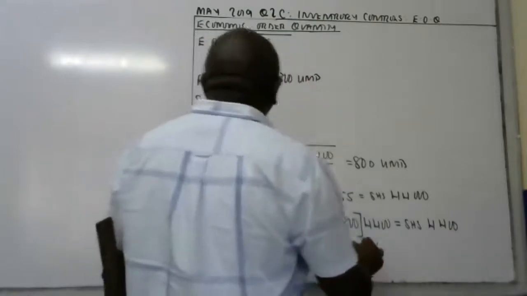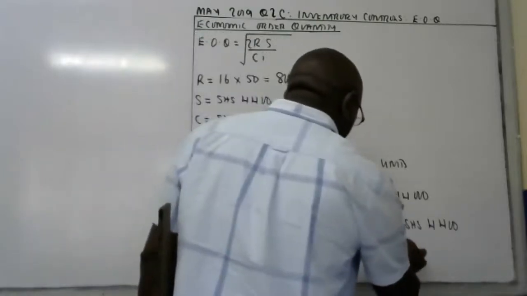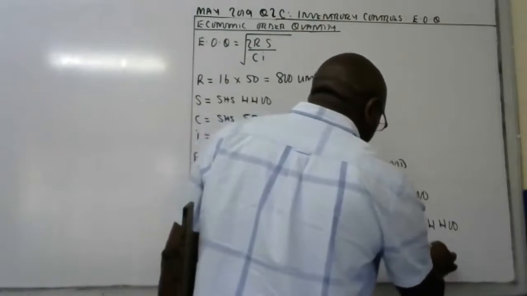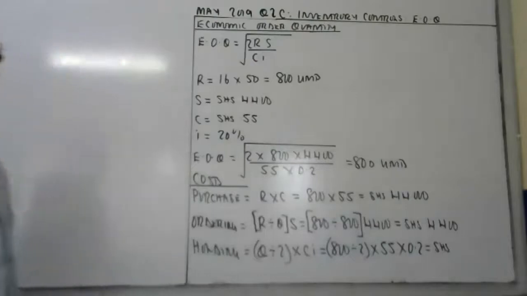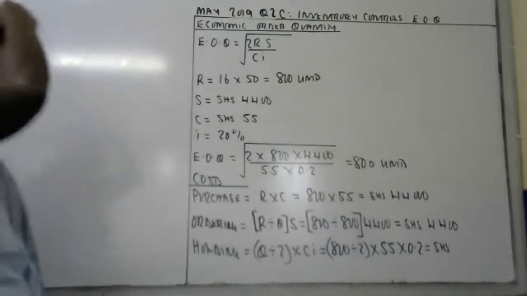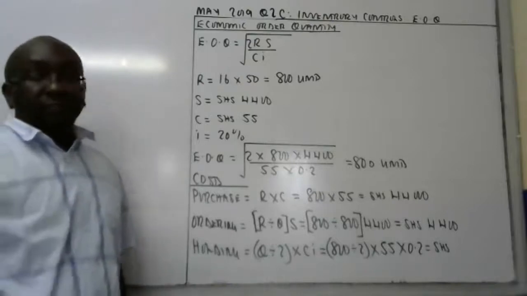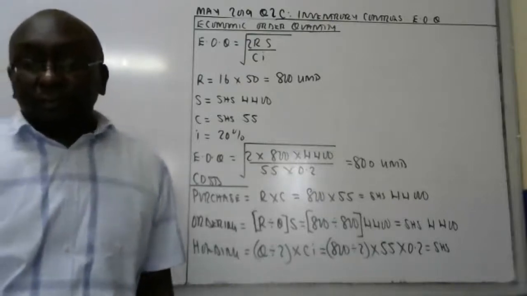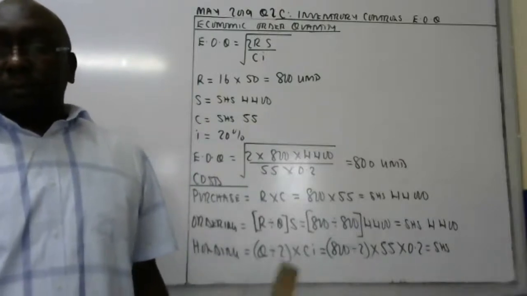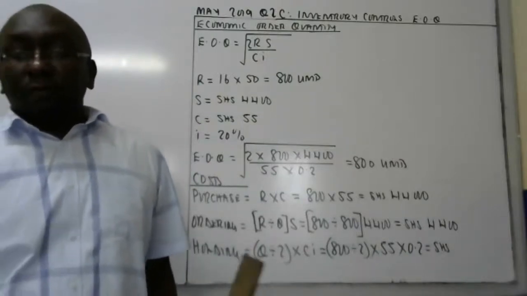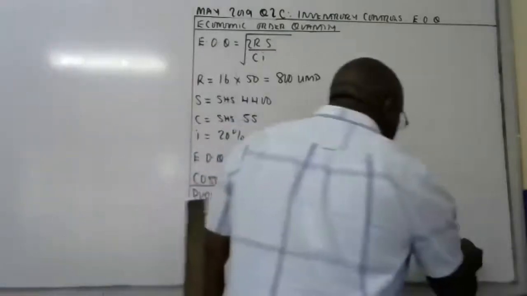Then you multiply by 55, you multiply by 0.2. So you get how much? $4,400 again.